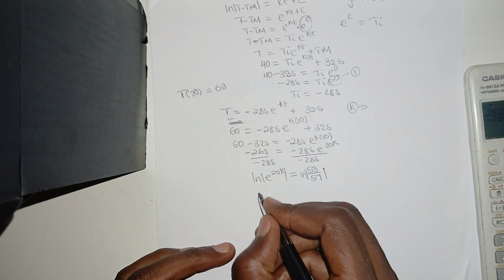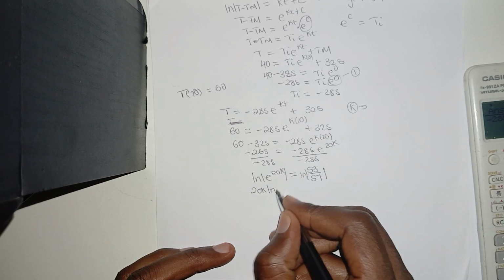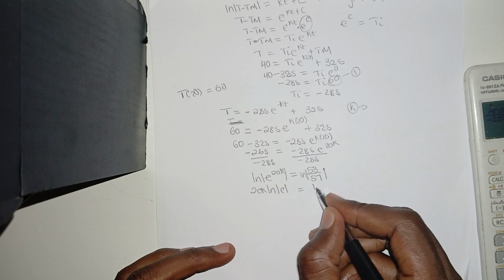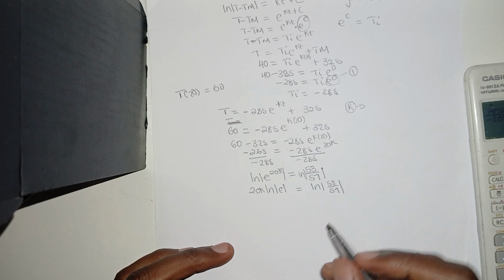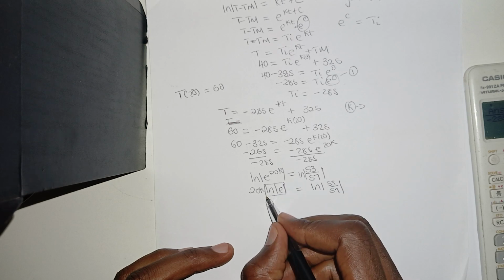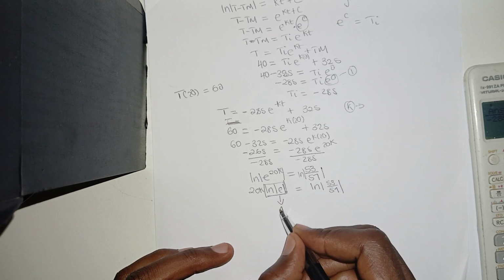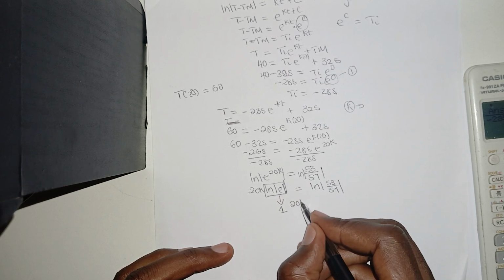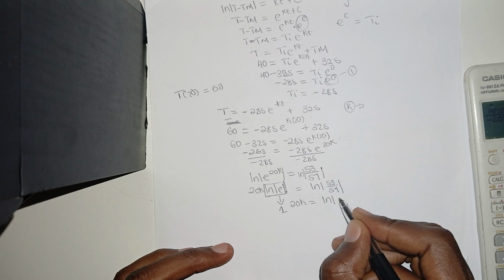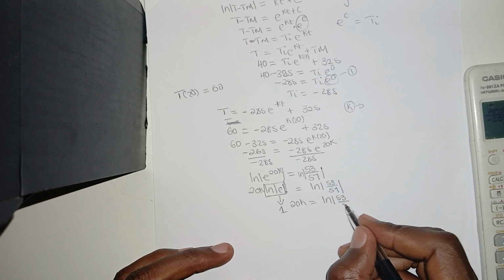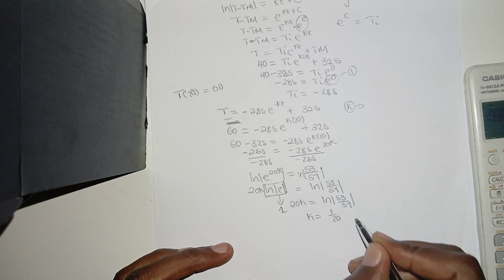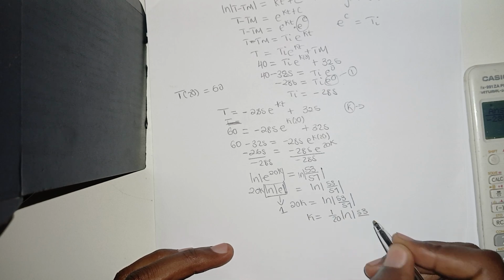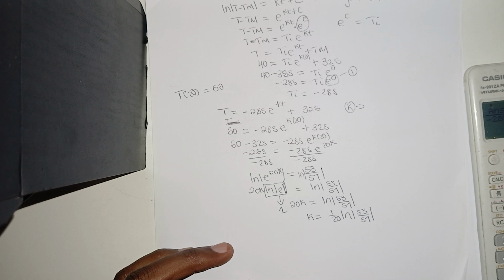Then 20k ln of e is equal to ln of 53 over 57. Now this one, with the rules of log, is 1. So that means 20k is equal to ln of 53 over 57. K is equal to 1 over 20 ln of 53 over 57.